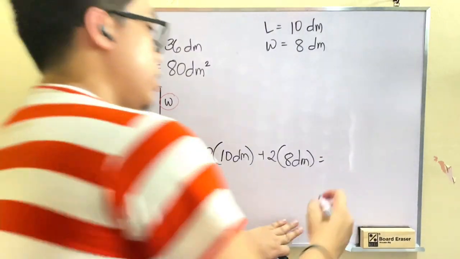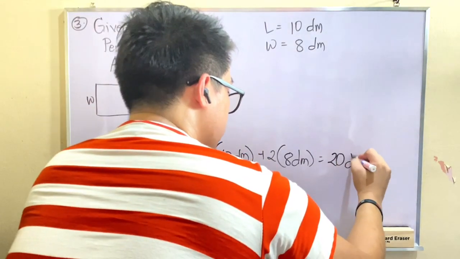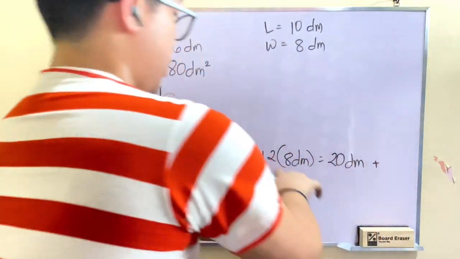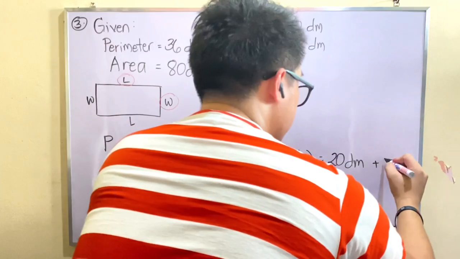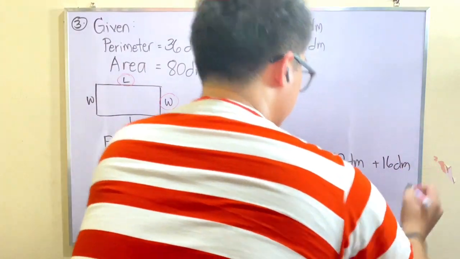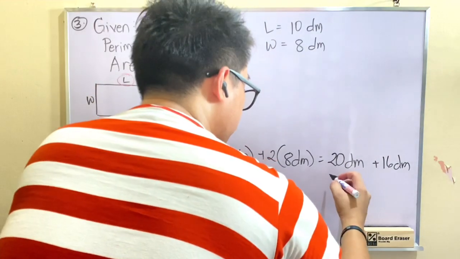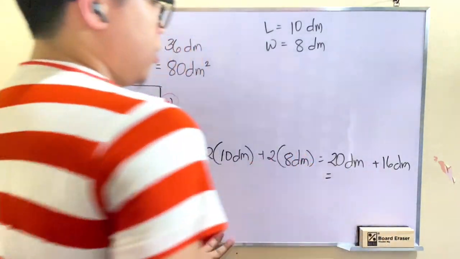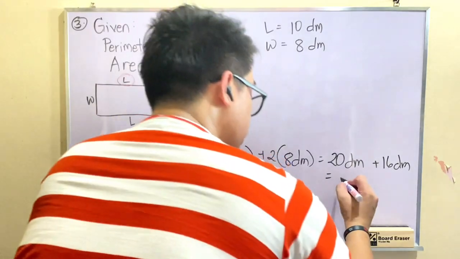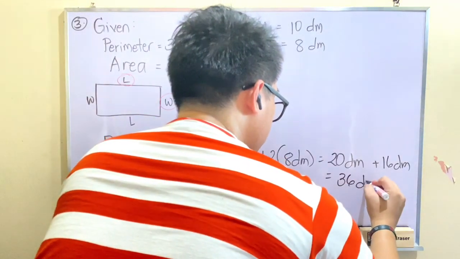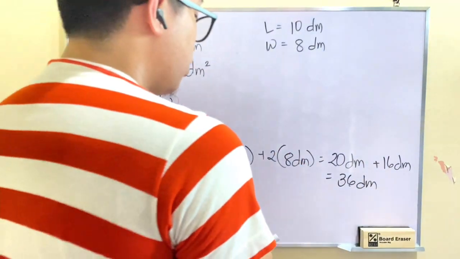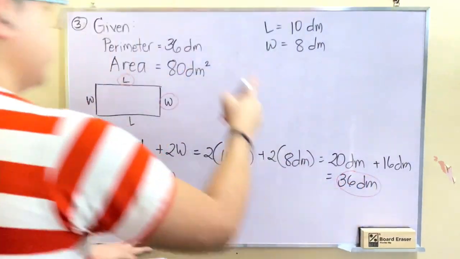So, 2 times 10 is 20 decimeter plus 2 times 8 is 16 decimeter. Ano ang final na sagot? Of course, 20 decimeter plus 16 decimeter is 36 decimeter. Which is, yun yung given nating perimeter.